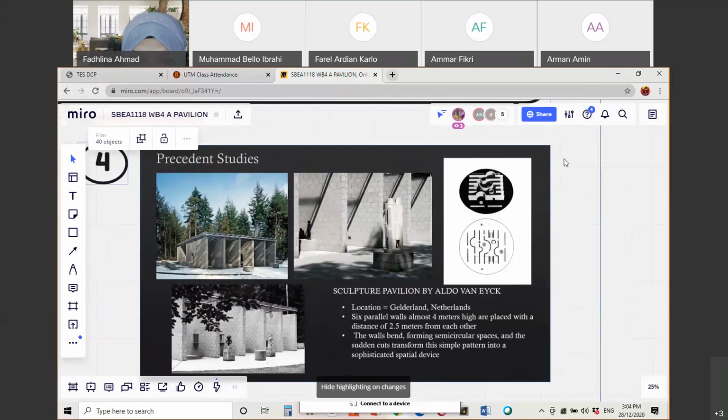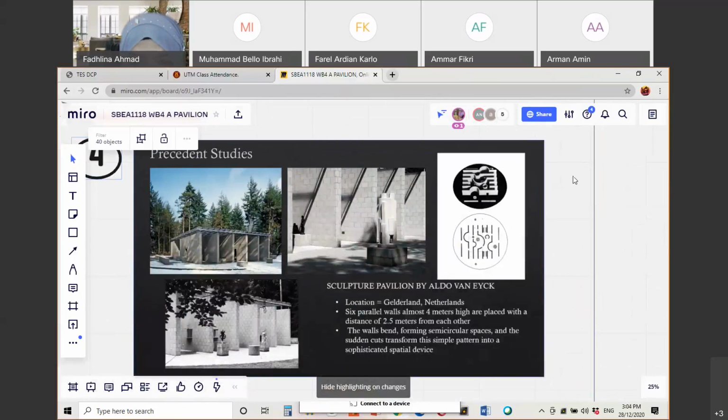We can see that there's a lot of repetition of plan, as you can see from the top elevation in the images on the right. They each innovate and use the shape to make the space look better.